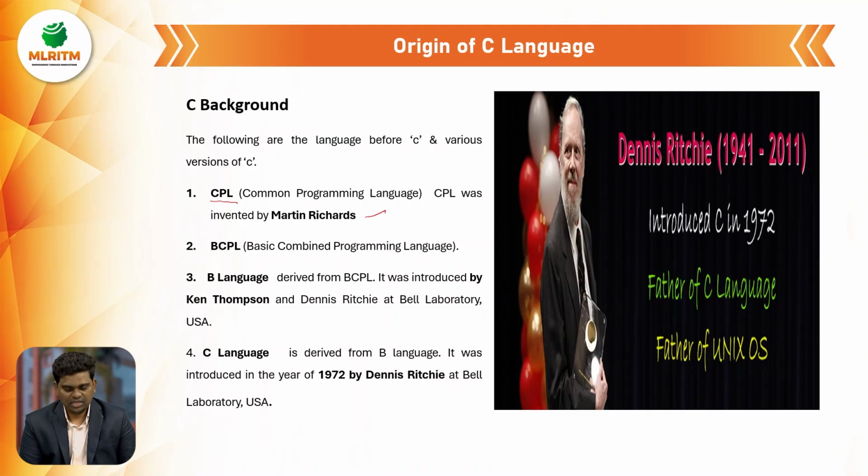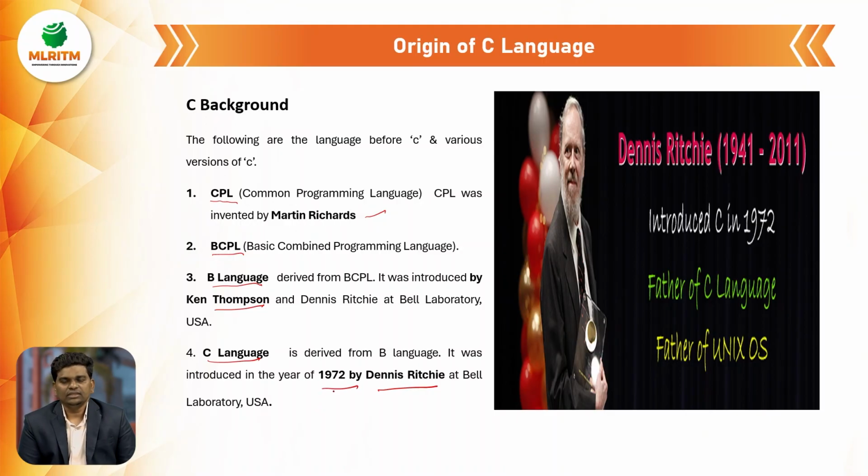After a few years, it was renamed as the BCPL language, which stands for Basic Combined Programming Language. After a few modifications to BCPL, it was renamed as B language, which was introduced by Ken Thompson. After a few years, after applying some modifications, it was renamed as C language, which was introduced by Dennis Ritchie in 1972.